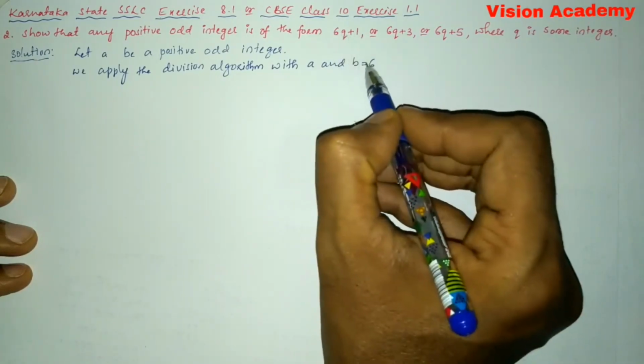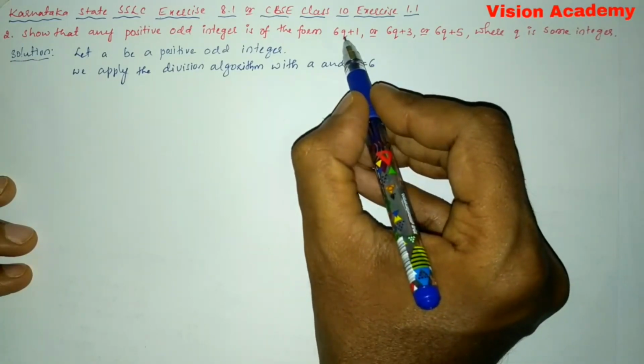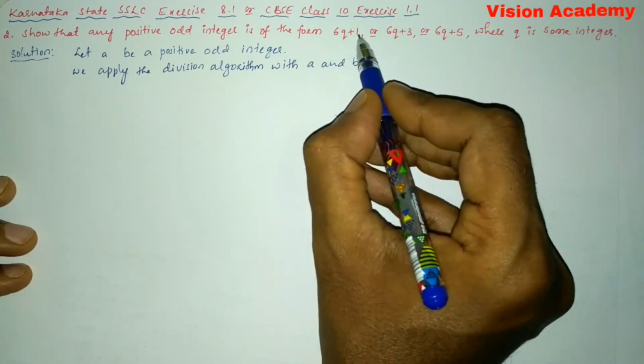So 6 is the divisor, q is the quotient, plus 1 is the remainder.